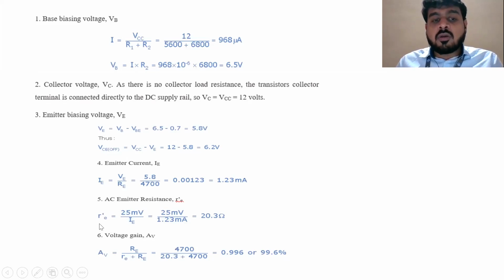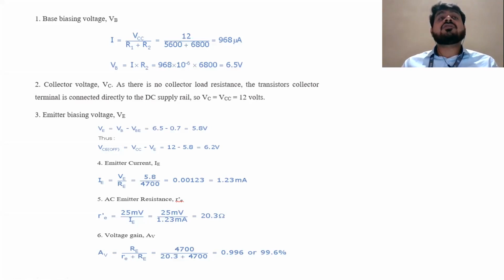So if I am talking about the AC resistance at the emitter terminal, I use Ohm's law only. I am not using any other law. I am using the basic Ohm's law, but the voltage I am giving is 25 millivolts, which is the silicon voltage, divided by IE. So you will get the AC emitter resistance at the emitter terminal. I get 20.3 ohms. Is it correct?